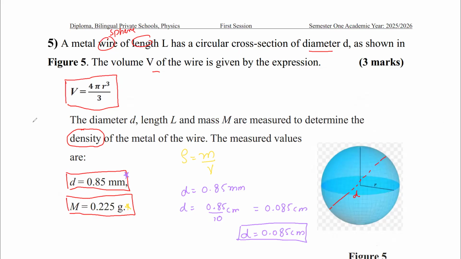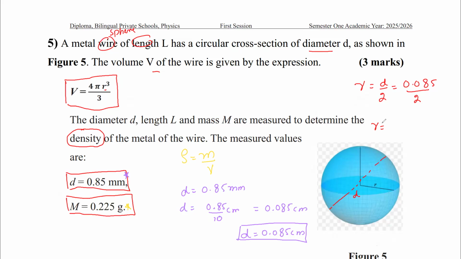Now the second thing is we have to find the radius, because in this formula we have to know the radius. How can we find the radius? R is equal to D divided by 2, and the value of D is 0.085, divided by 2.